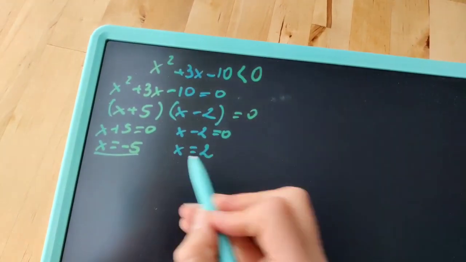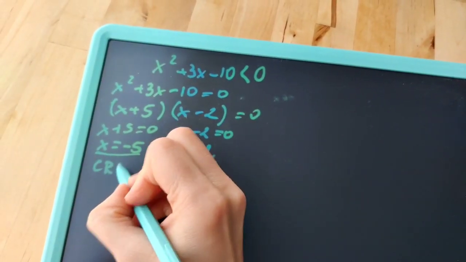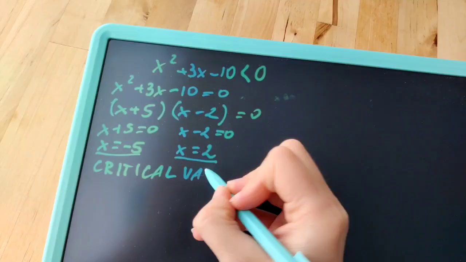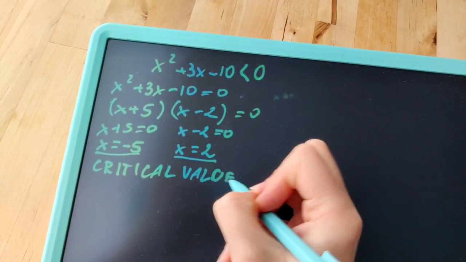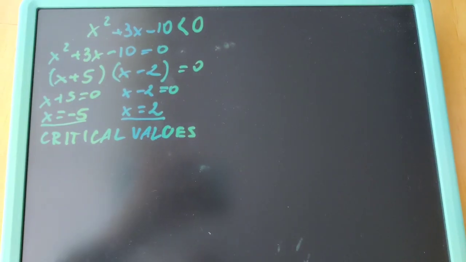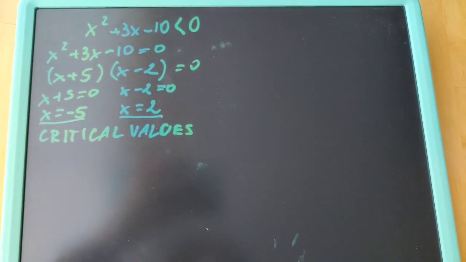So these are our two values, and these are critical values. These are the values where our parabola is crossing the x-axis.